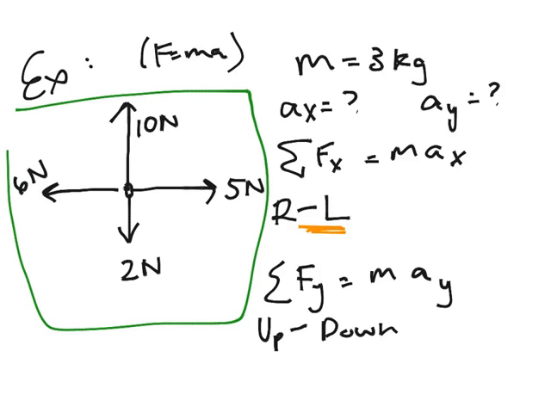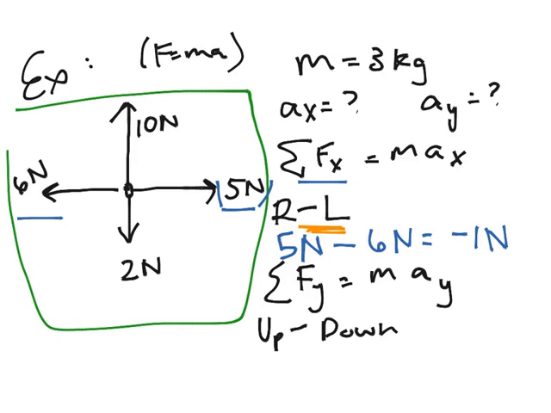And then as far as solving goes, you just have to plug in your numbers. So on our Fx, we have 5 N and 6 N, or newtons. So our right is the 5 term, so it'd be 5 newtons minus the left term, which is 6 newtons, gives you negative 1 newton.